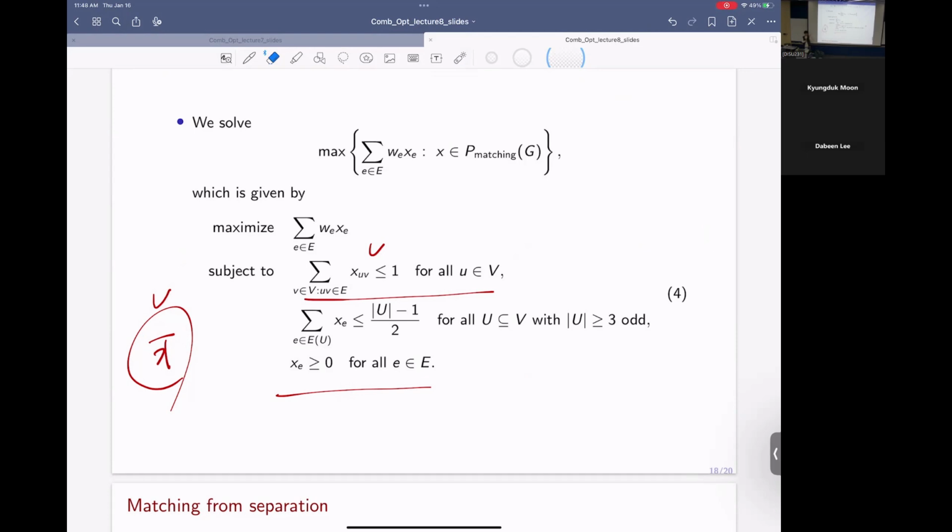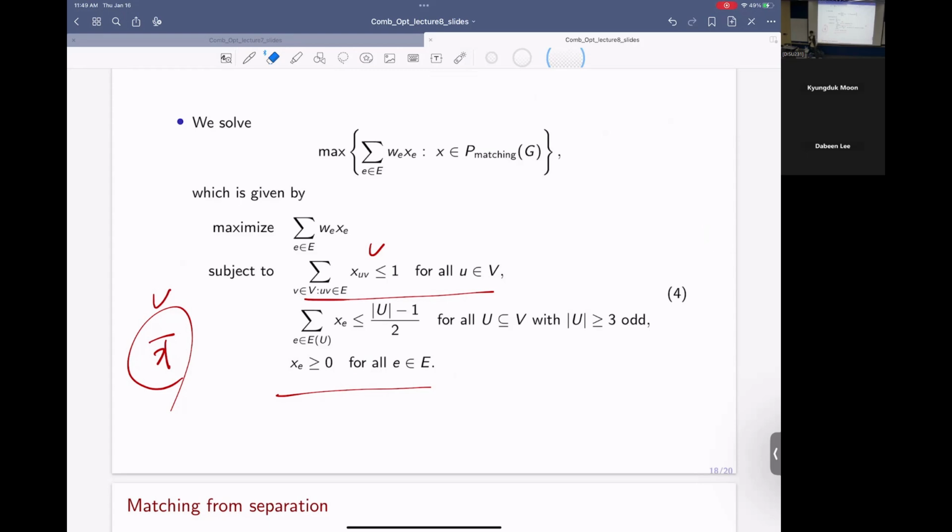But the equivalence between separation and optimization says that if you can separate, or if you can prove that x bar satisfies all these inequalities in polynomial time, that has to be different from enumerating all inequalities.